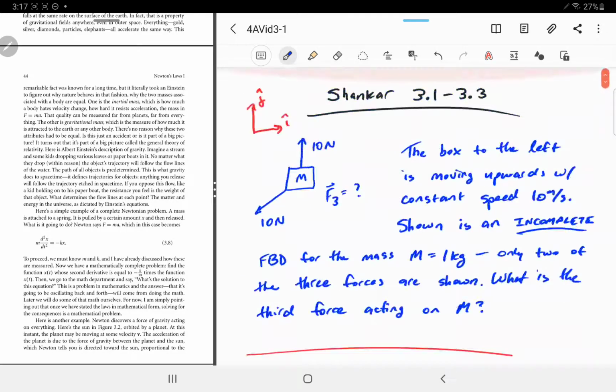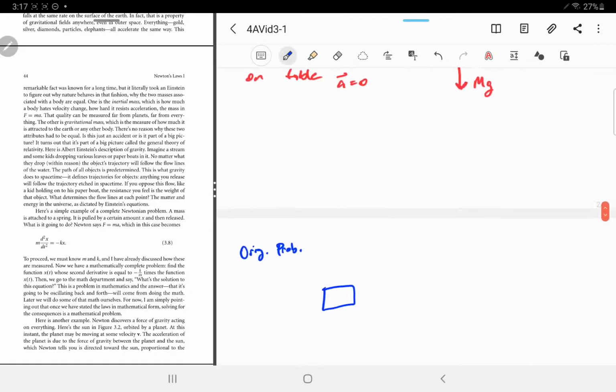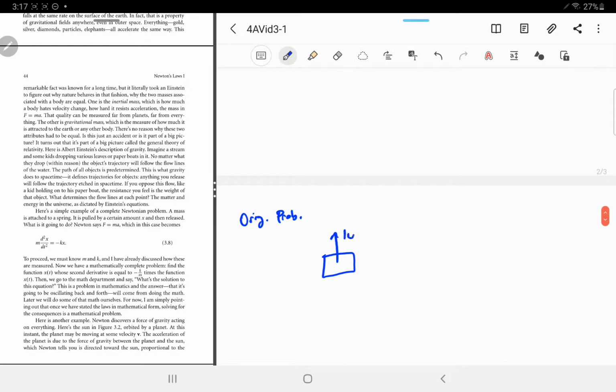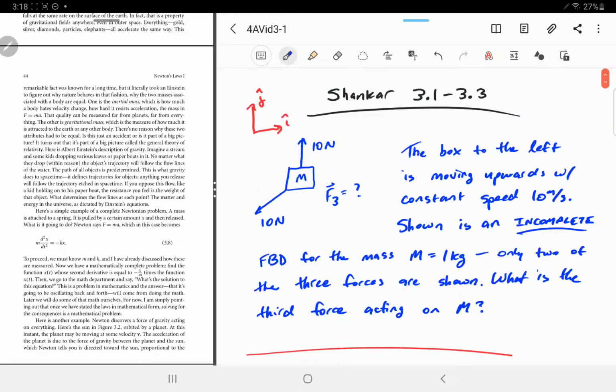There were already two forces shown: up, 10 newtons, and then down and left, 10 newtons. It didn't say this on the original diagram, but let's say that's 45 degrees right there, just to make it quantitative. And there's already a coordinate system set up too, so we can be particular about the direction of F3.